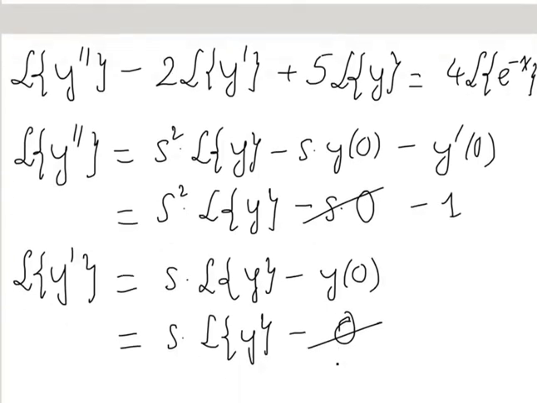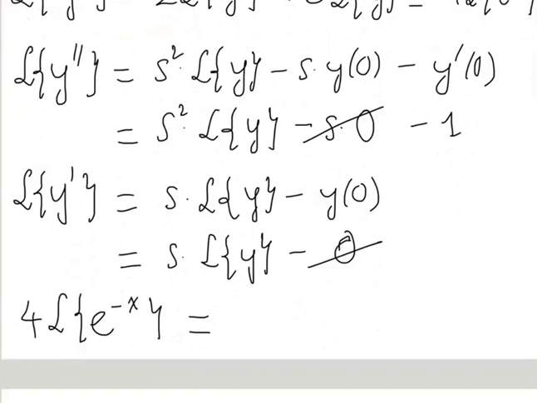We also have the right hand side, don't forget that. For the Laplace transform of e to the negative x, we have 4 divided by s minus negative 1, which is s plus 1. Remember that the Laplace transform of e to the alpha x is 1 over s minus alpha, and alpha is negative 1 here.